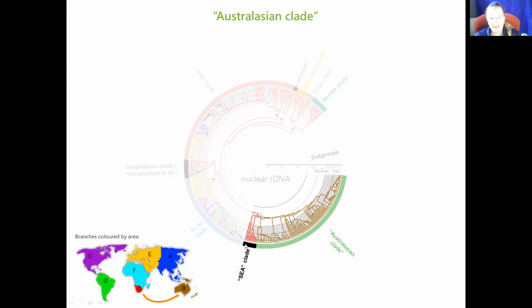Now, this sea clade is sister to this large Australasian clade. And so based on these relationships, it looks like what happened is this was a single dispersal event, a long distance dispersal event from Southern Africa directly to Australia. And that seems to have given rise to this really remarkable, very regionally confined radiation in the Gnaphalieae.